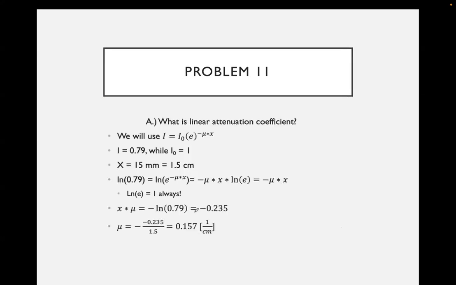So let's see. You're basically working backwards. The finished attenuation is 0.79. Of course, we started with 100%. X, they told us, is 15 millimeters. X always has to be in centimeters, so once we convert millimeters to centimeters, we get 1.5 centimeters.